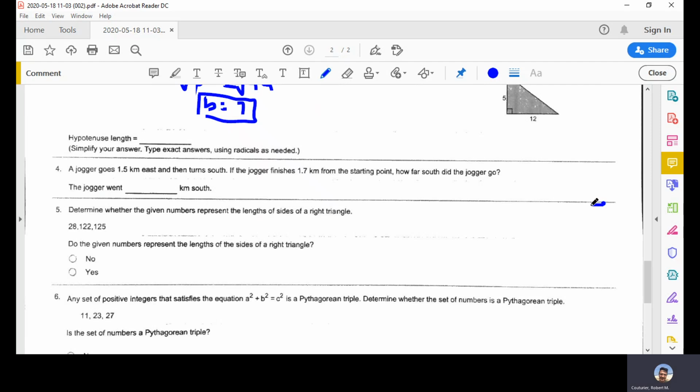All right, jogger's going east, that's west. So I get my directions right. So you have a jogger here. That jogger is going east 1.5 kilometers. Then he does what? The jogger turns south for 1.7.